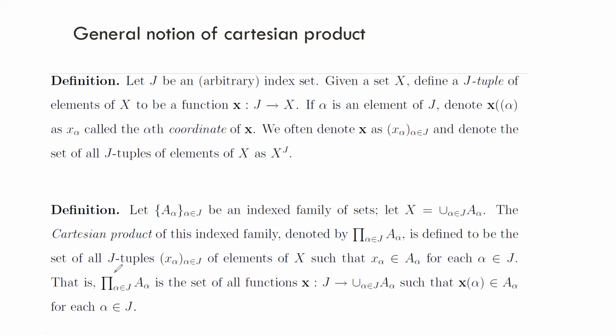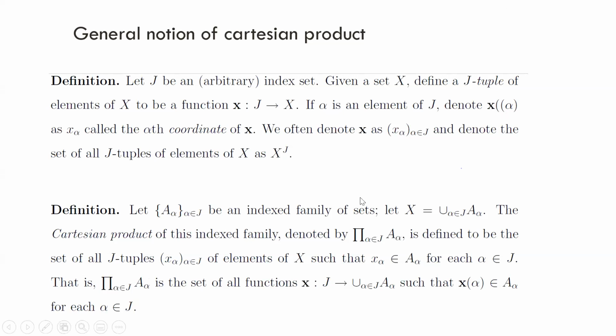Okay. And here, I don't know how to pronounce this symbol. It's defined as the Cartesian product of A alpha, the indexed family of sets. Okay, so I think this is all we need to know. Next page.